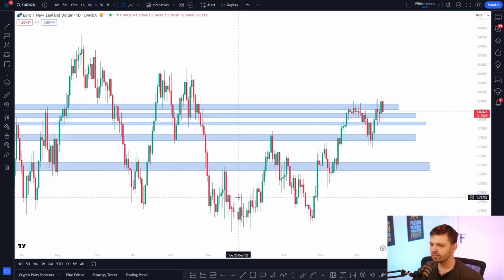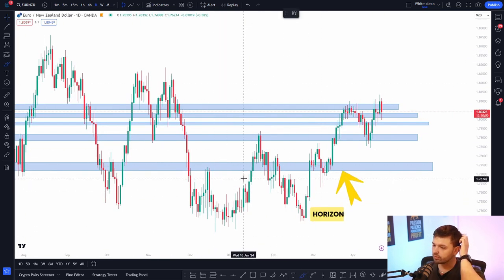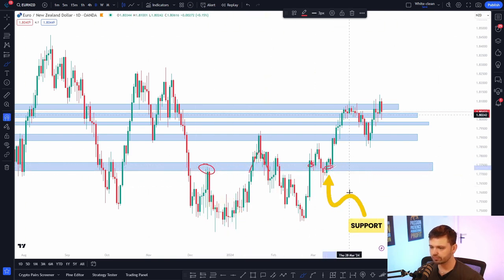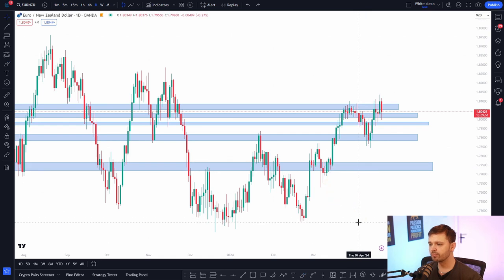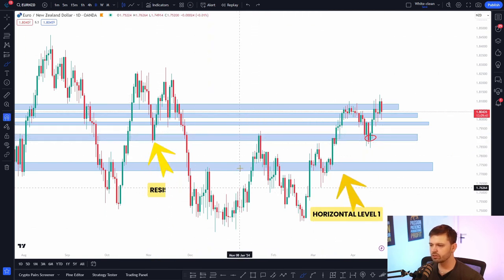We can very easily see that you do have a horizontal level here being used as resistance, you get a breakout here, you get support. That's a pretty decent level, right? And then you have the level we added above, where you get support here, get some type of resistance before the breakout, get a strong resistance here. So that's a good level.